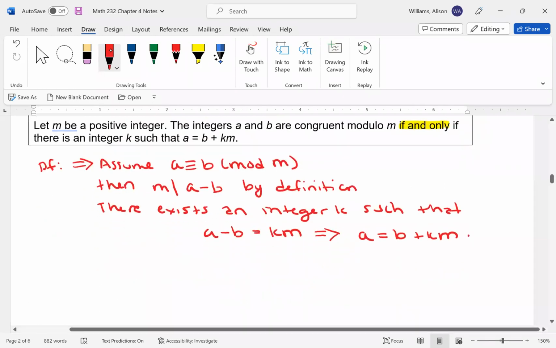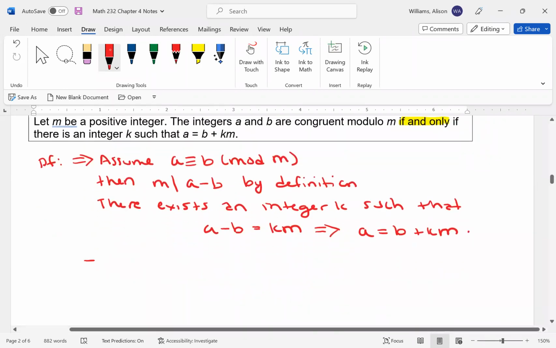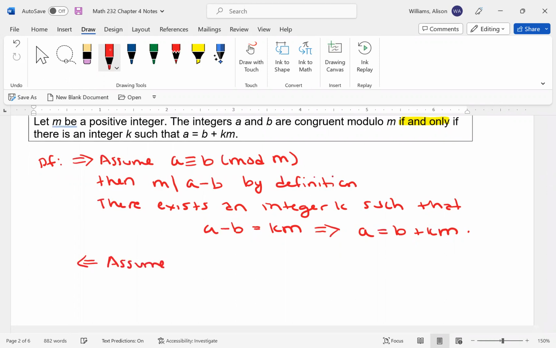All right, let's go the other direction now. Let's assume that A equals B plus KM for integer K. I'm not going to write that because it's in the top statement. I'm kind of going in reverse of what I just did. That means A minus B equals KM.